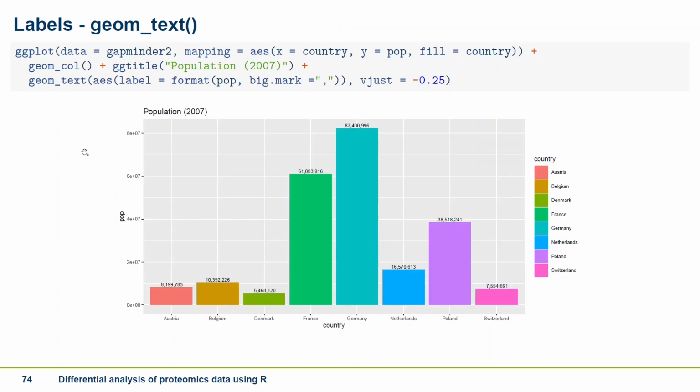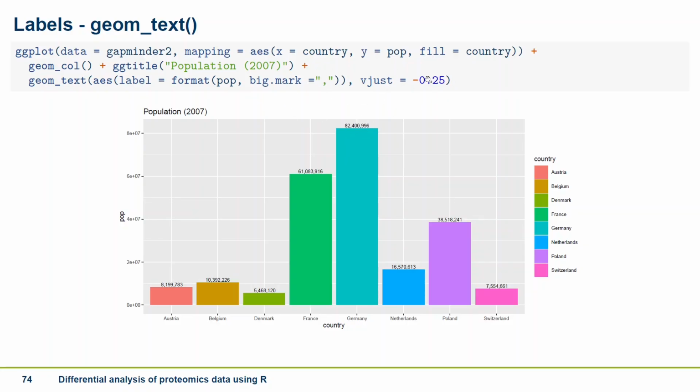In this example, the geom_text function is used to label the numbers in a bar plot. In this case, you can use the aes function, then define a label. In this case, it's based on the population column and it's formatted so that it has the comma as the big mark, like you can see here. For 1000, there would be a comma in between.